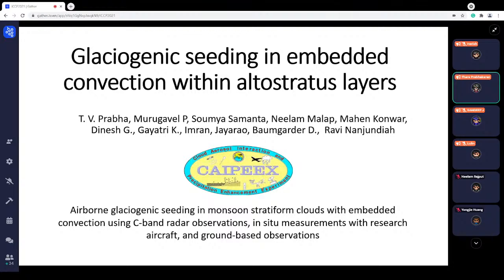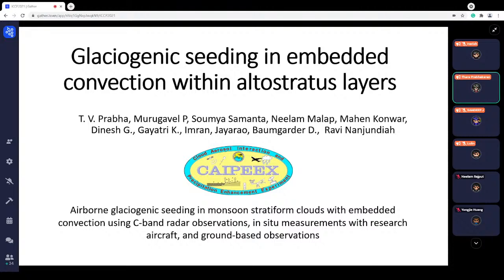So basically, today I want to talk about glaciogenic seeding in the embedded convection within altostratus layers. This is typically seen over our study region.